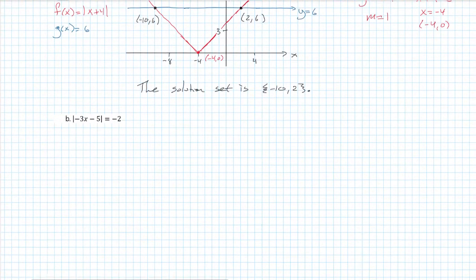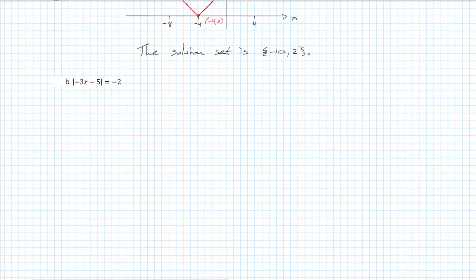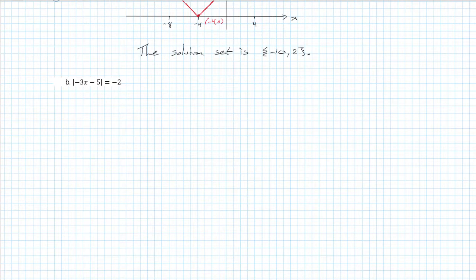All right, let's move on to the next one here. We have the absolute value equation, absolute value of -3x minus 5 equals -2. I'll start by, in red, putting f of x equals the absolute value of -3x minus 5. In blue, I'll put that g of x equals -2. Go ahead and get my axes set up.